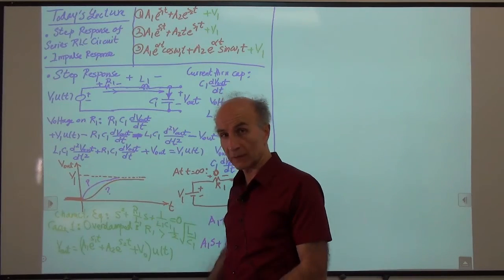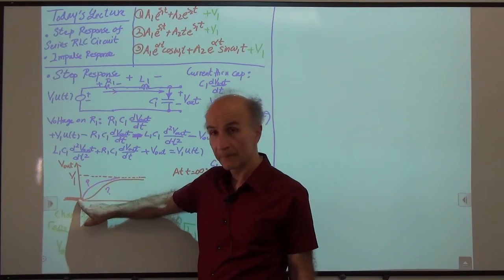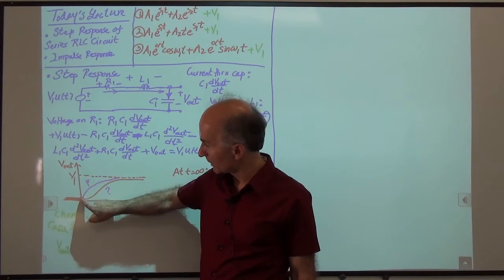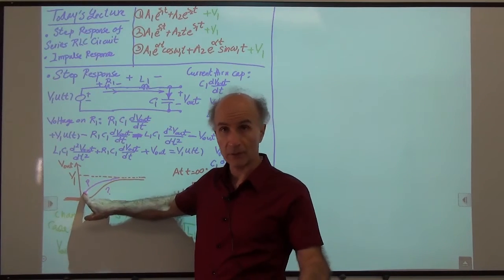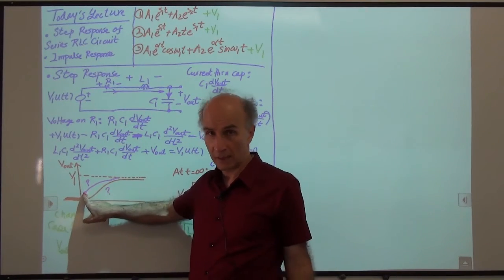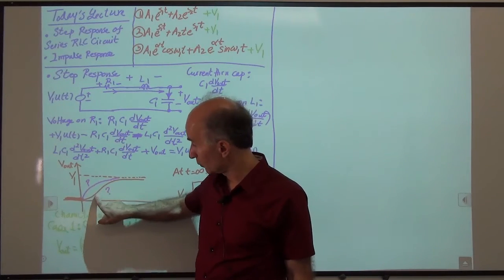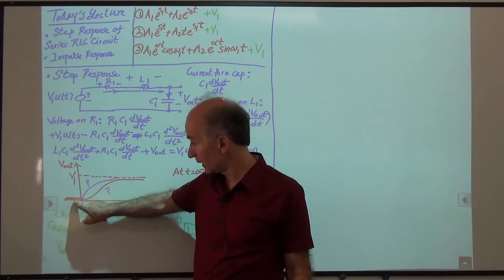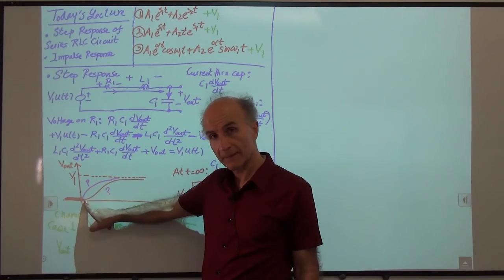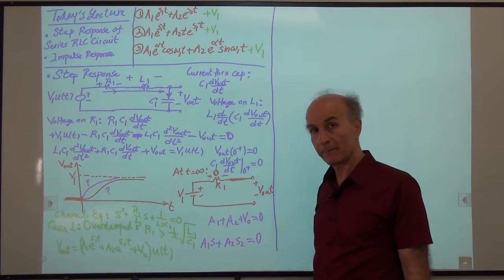The difference is the derivative of V out in this vicinity. This derivative jumps from 0 suddenly to a certain value, like in a simple first order RC circuit. But the red waveform has a derivative that doesn't jump. The derivative is 0 here, even at 0 plus. So which one of these is the correct waveform?